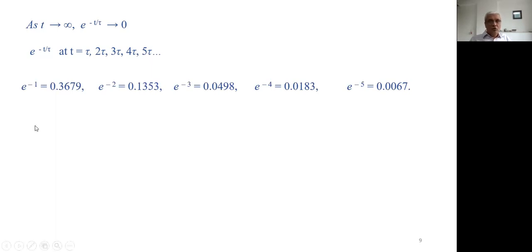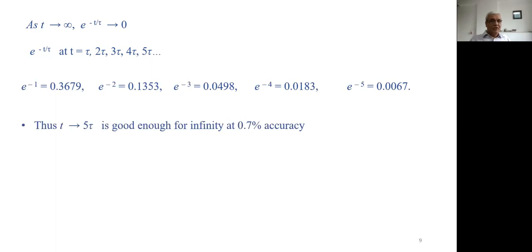So, if you look at this, 0.018 is still 1.8%, still 2% of 1. But this one is 0.67%, okay, slightly more than 0.5% of 1.